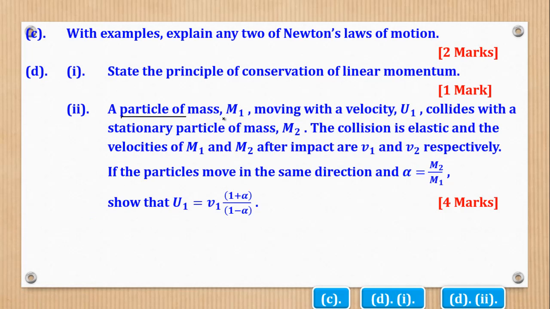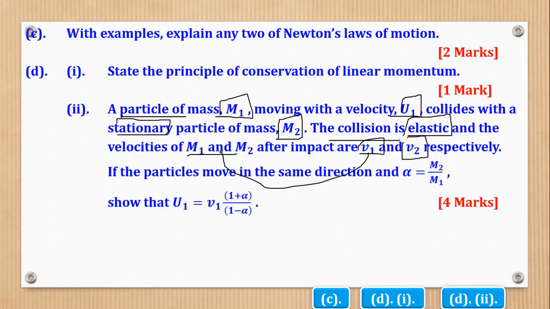Then part D Roman 2. A particle of mass m1 moving with a velocity u1 collides with a stationary particle of mass m2. The collision is elastic, and the velocities of m1 and m2 after impact are this and this respectively.